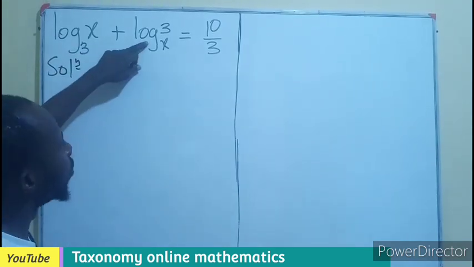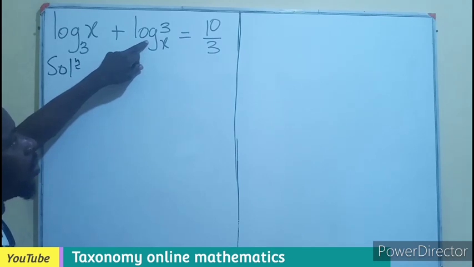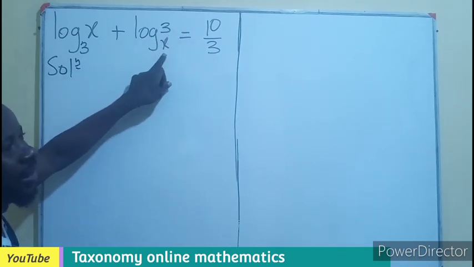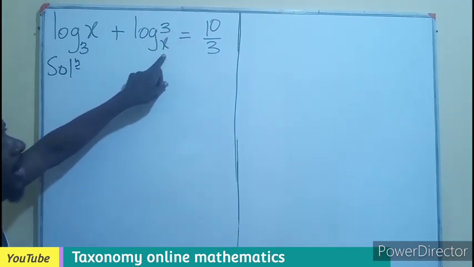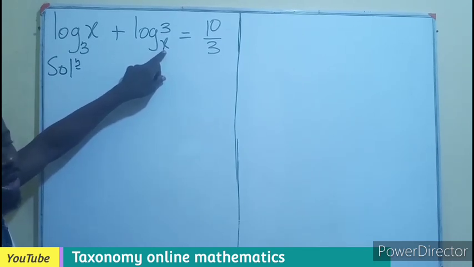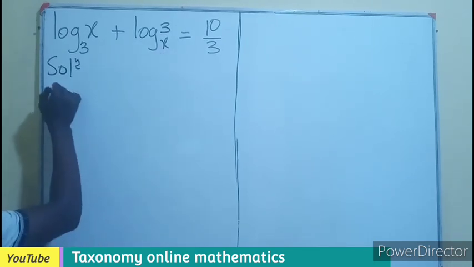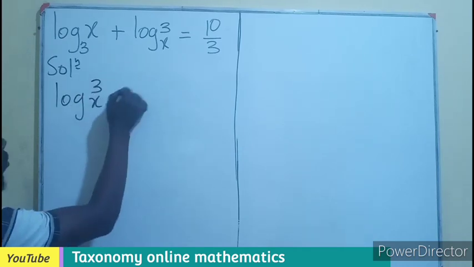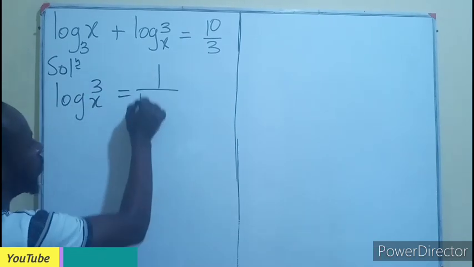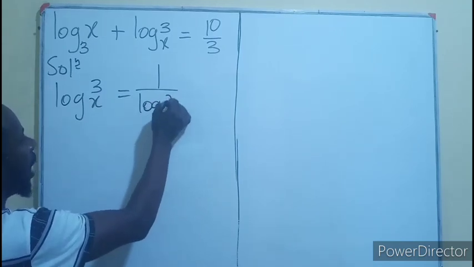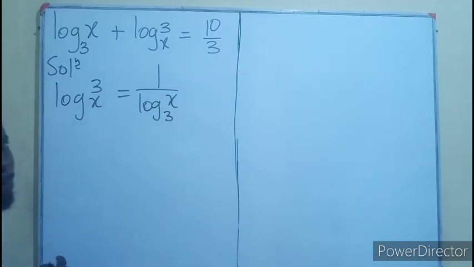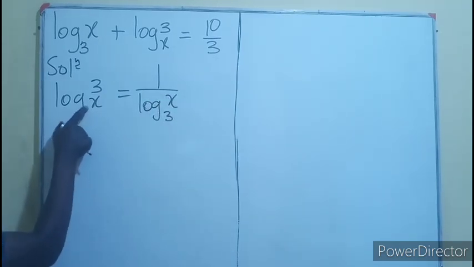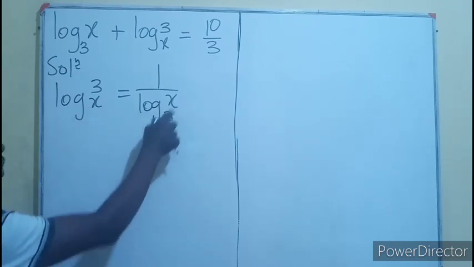So here we can rewrite log 3 base x to have the base 3. In this case, log 3 base x equals 1 over log x base 3. We are changing the base from x to 3, switching their positions.